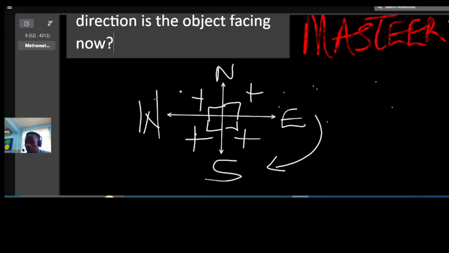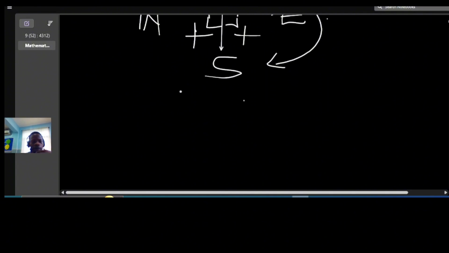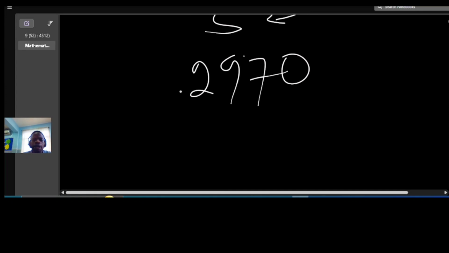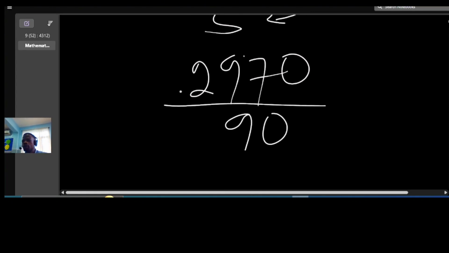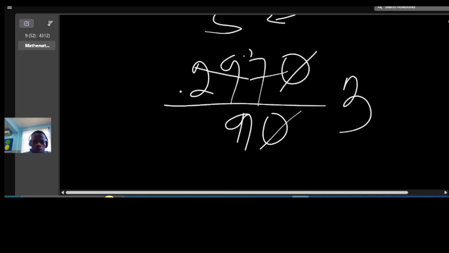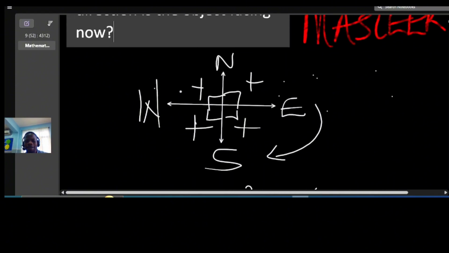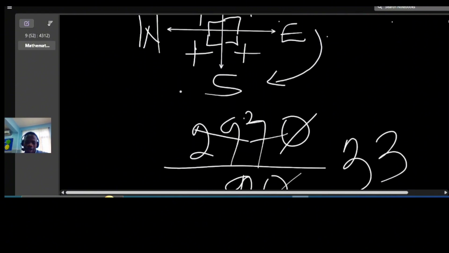We have 2,970 divided by 90. Cancel out the 9 here, 9 in 27, we have 3. Remain the 2. In 27 again, we have 3. So it's going to go 90 degrees 33 times.